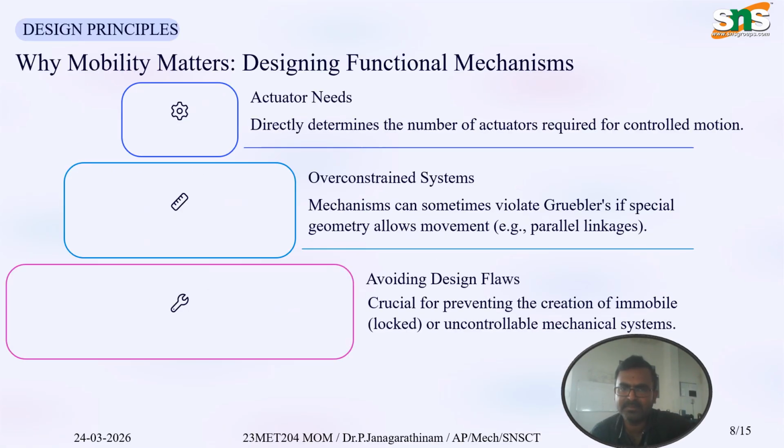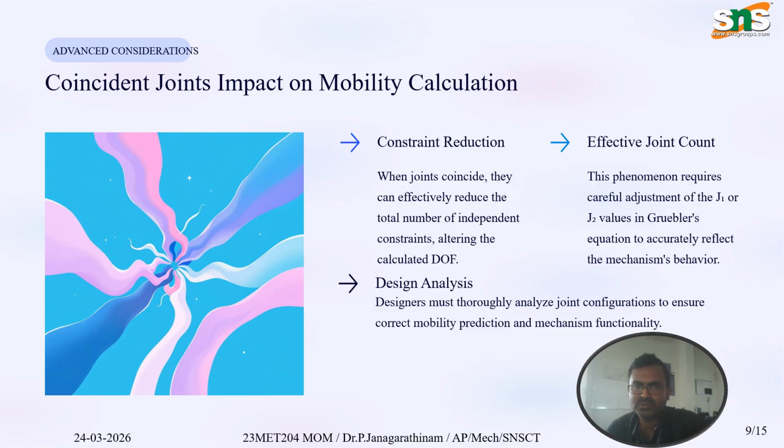This is why mobility matters in designing fundamental mechanisms, because functional mechanisms are developed using mobility. It directly determines the number of actuators and the constraints, and helps avoid design flaws. If we do not use the Grübler criterion, some flaws will occur and the entire system may collapse. To avoid such flaws, we use the Grübler criterion to make well-constrained mechanisms. Next is the impact of coincident joints on mobility calculations.